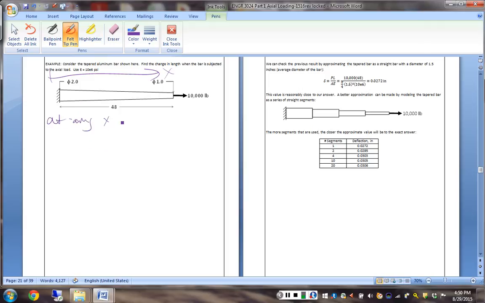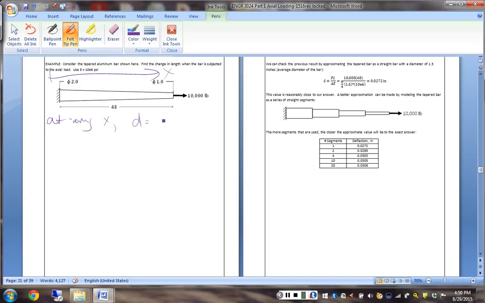So at any x, we can write a function of x for the diameter. We need a slope, or what is the change in it? Well, it goes from 2 to 1. That's the rise, and the run is over this 48 inches.